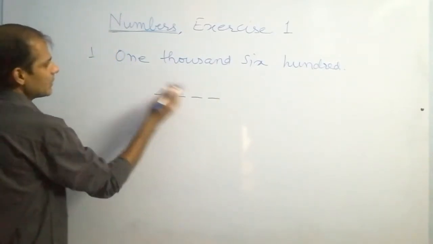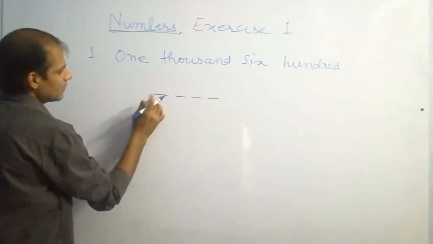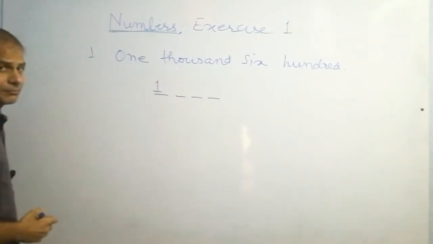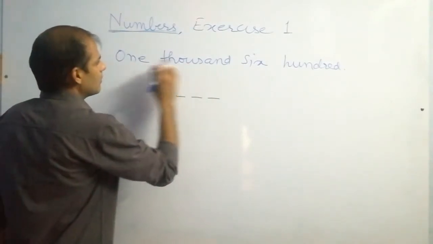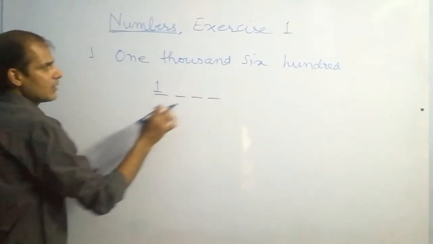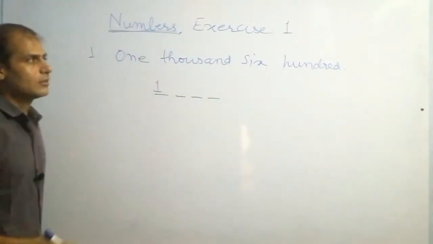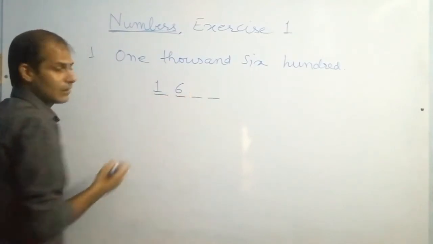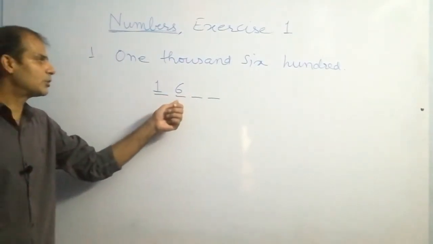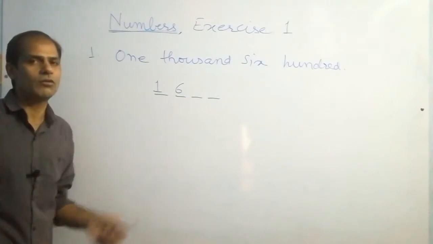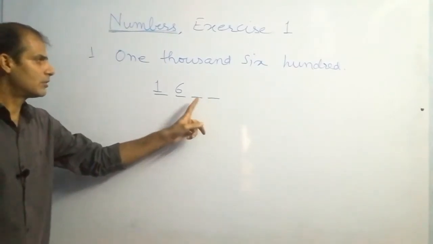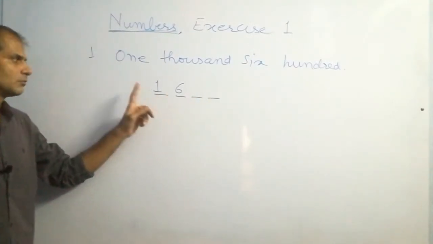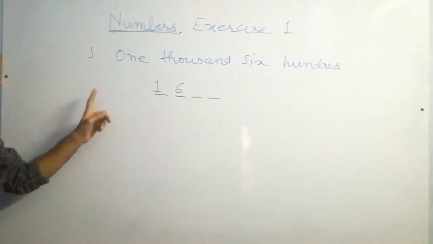So 1000 means ones, tens, hundreds, thousands. Here we will write 1. Then it is completed 1000. Now 600. 600 means ones, tens, hundreds. So here we will write 6 because this place is reserved for 100. Ones, tens, hundreds, thousands, 10,000s, lakh, 10 lakh.